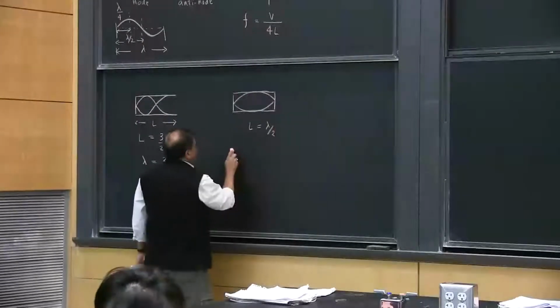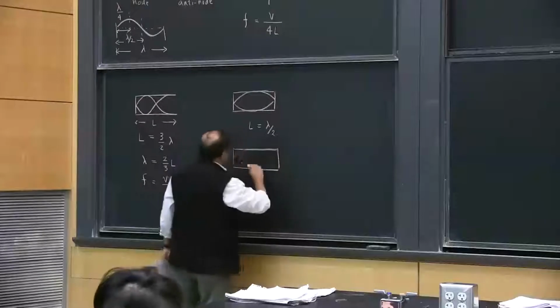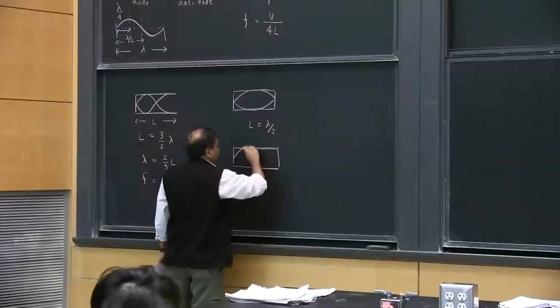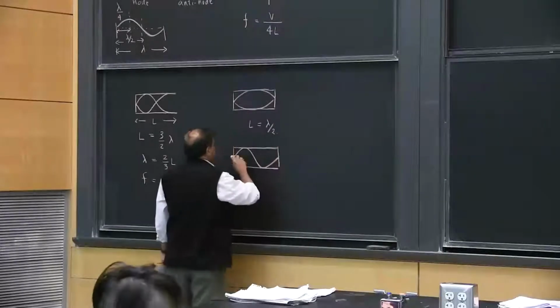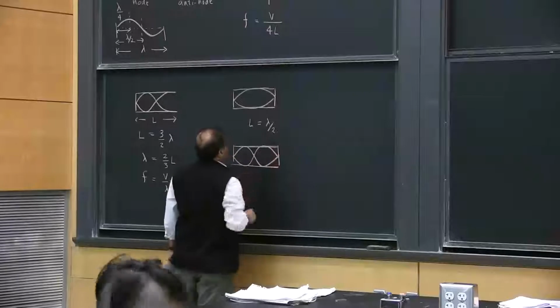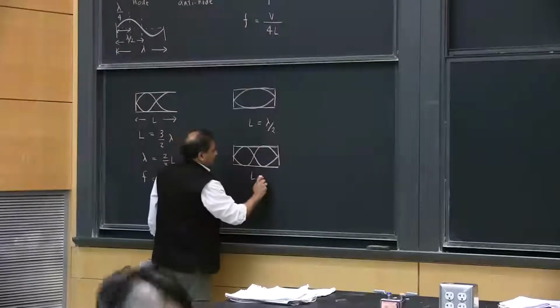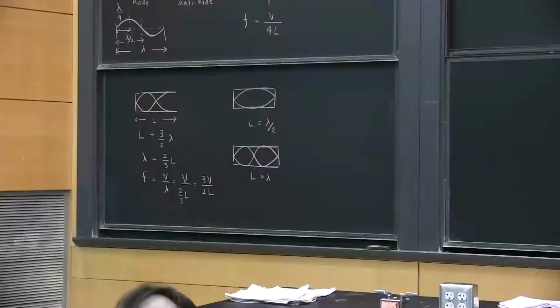You can have the next highest frequency here would be, let's see, we have to have a node here, so we can do this, right? So this would be L equal to lambda, and this would give you the next higher frequency, okay? So this is how you work these.